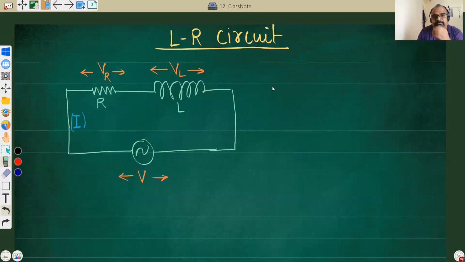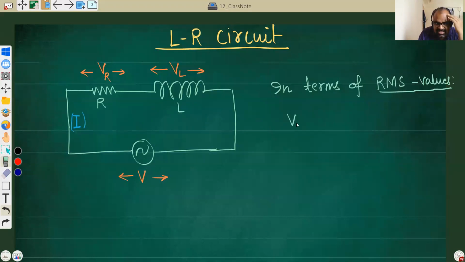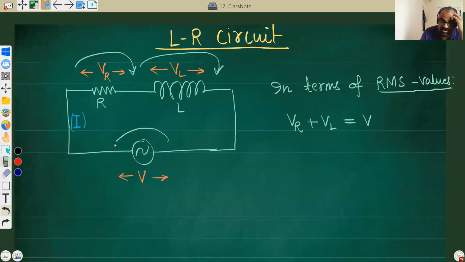Now, in terms of RMS values, can we say VR plus VL is equal to V by applying KVL? Can we say this voltage drop plus this voltage drop is equal to this voltage gain?